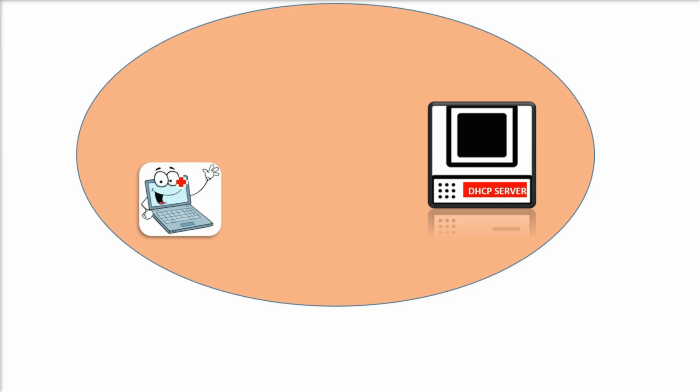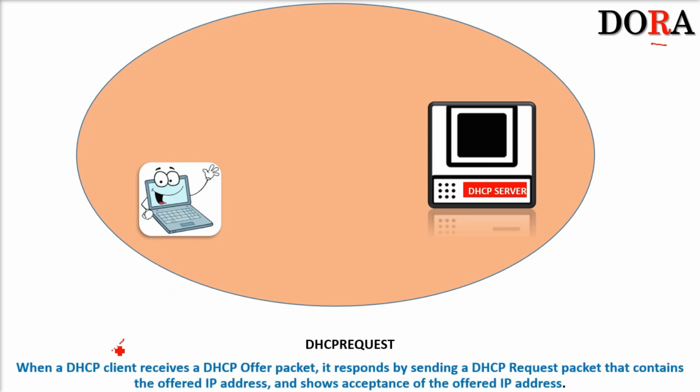The third process in the DORA process is R. This is DHCP request. Now the client got an offer from the server. When a DHCP client receives a DHCP offer packet, it responds by sending a DHCP request packet that contains the offered IP address and the network configuration, and it shows acceptance of the offered IP address.